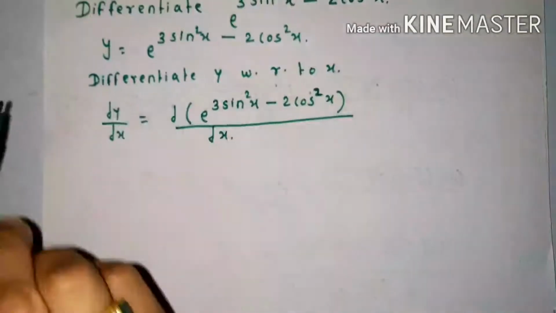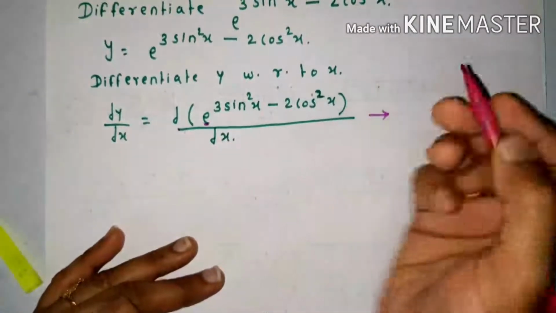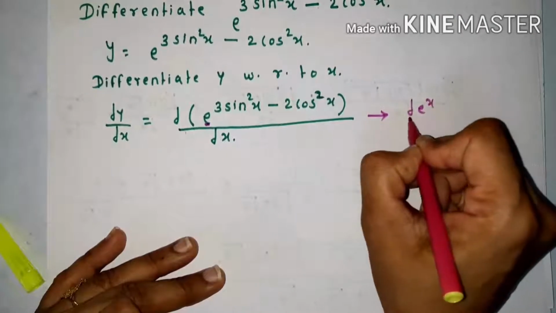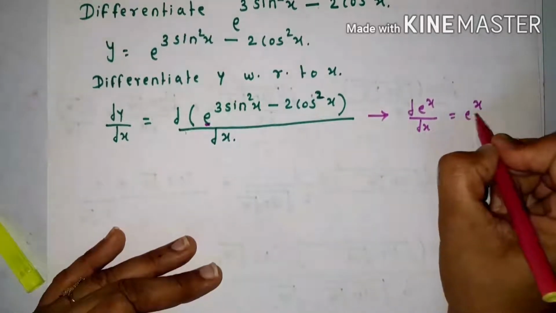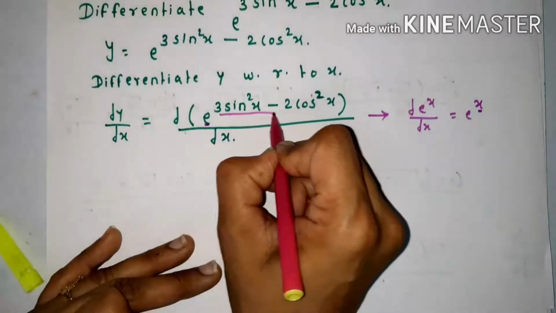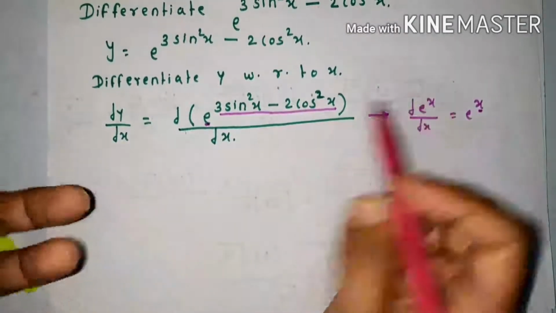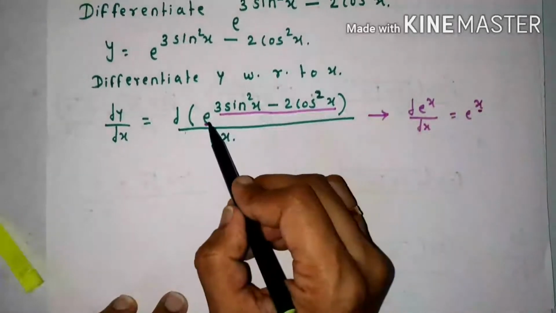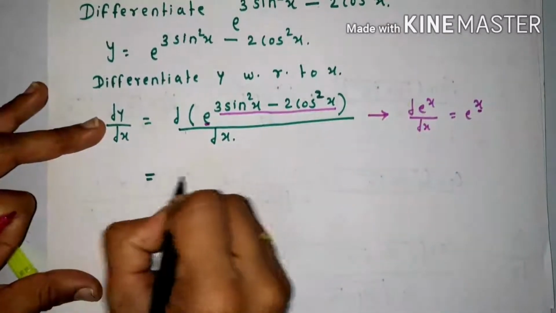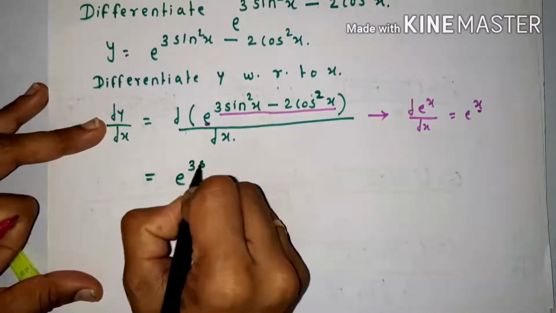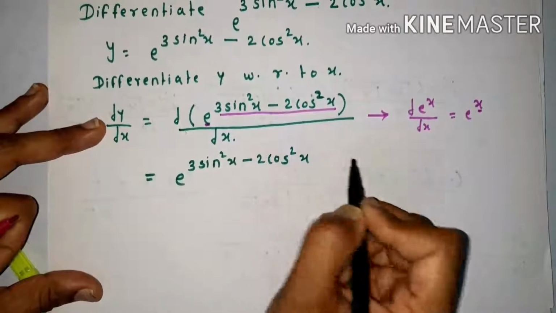So here the function is an exponential function, where e is the exponential function, and according to the differentiation of e raised to x, that is equal to e raised to x. But the x is this much function, x equal to 3 sine square x minus 2 cos square x, and therefore differentiation of e raised to 3 sine square x minus 2 cos square x is equal to e raised to 3 sine square x minus 2 cos square x.